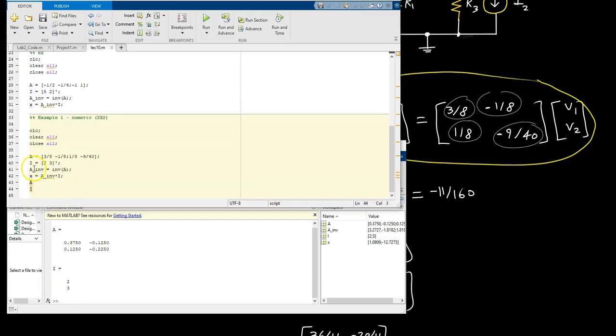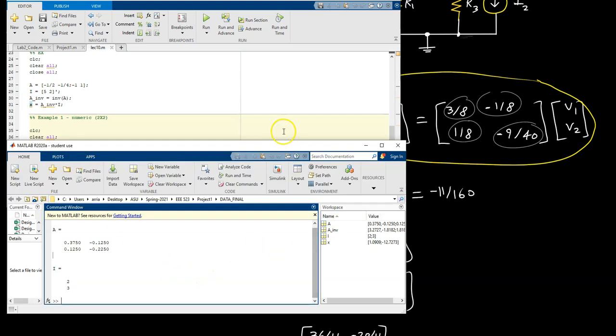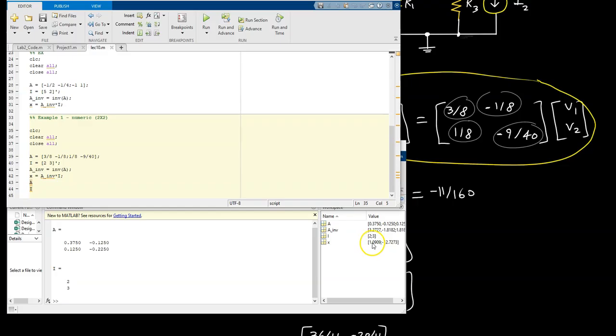And I found the inverse of A and multiplied the inverse of A by the current vector to find the final answer x. You can see here that the final answer is 1.09 and negative 12.7, which verifies that we did everything after the matrix form correctly.